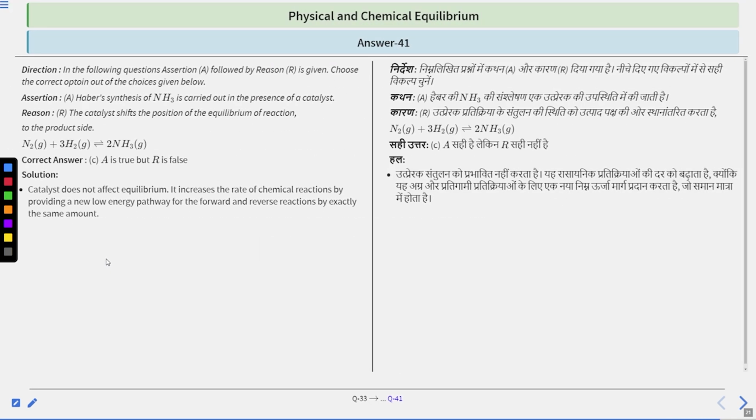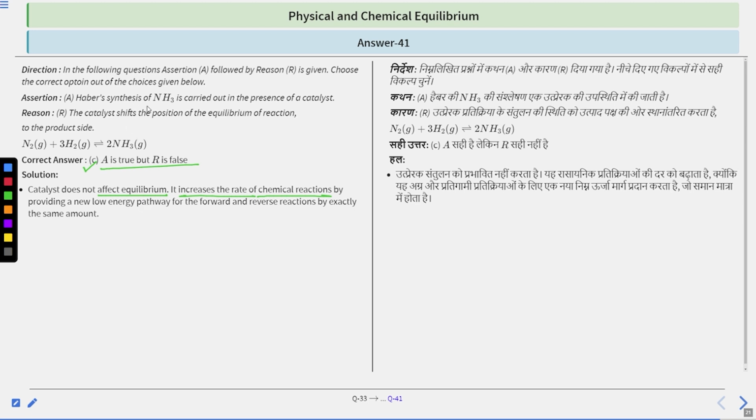Okay, so let's see. The correct answer is option C, that is A is true, but R is false. A catalyst does not affect equilibrium. It increases the rate of chemical reactions by providing a new low energy pathway for the forward and reverse reactions by exactly the same amount, but it will not affect the equilibrium.